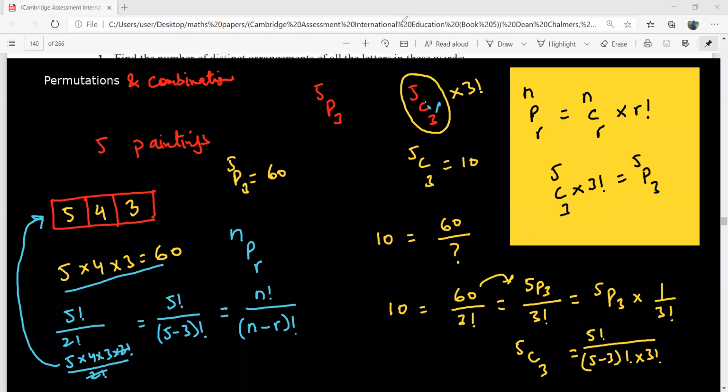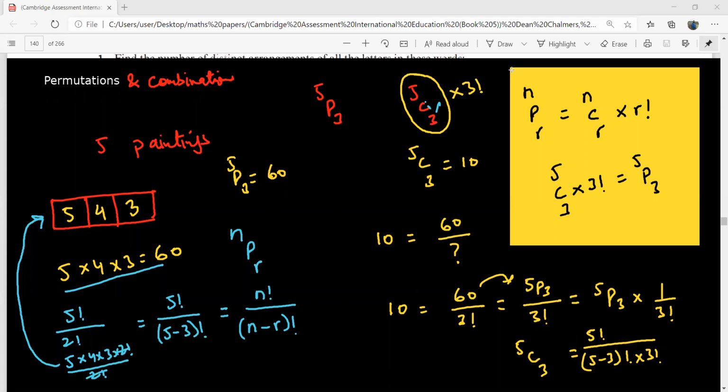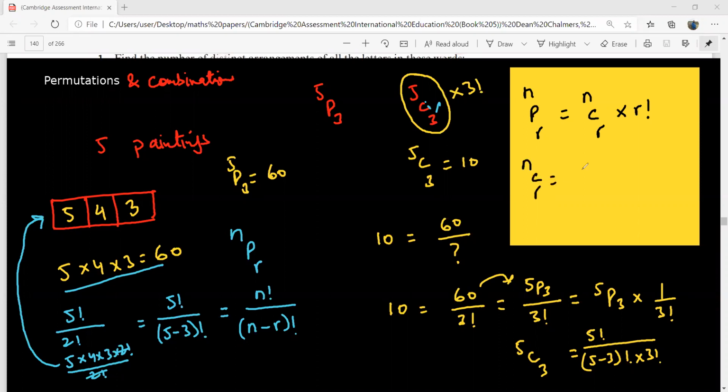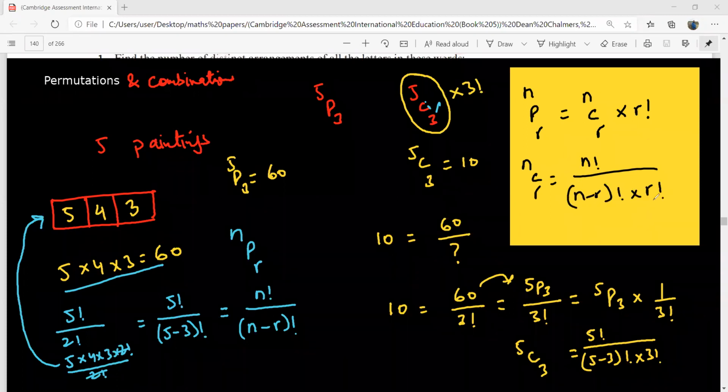See how clever mathematics is, or how cruel mathematics is. And therefore, the formula for NCR is, let me write it down: n factorial over n minus r factorial times r factorial.